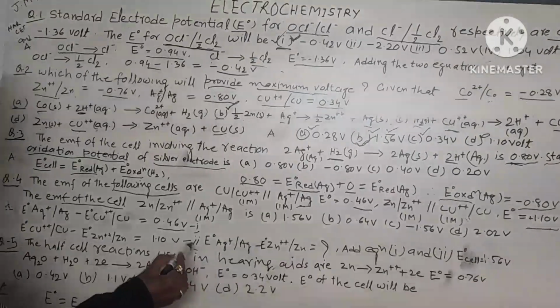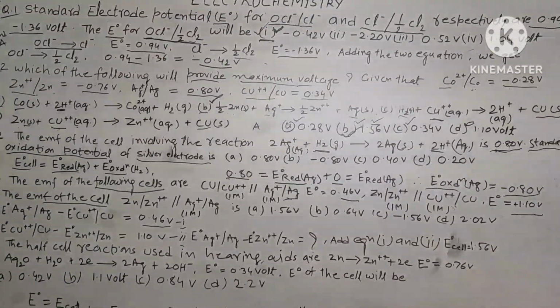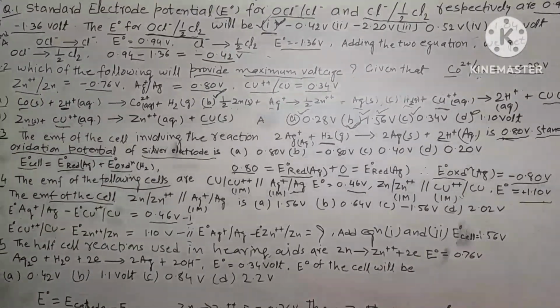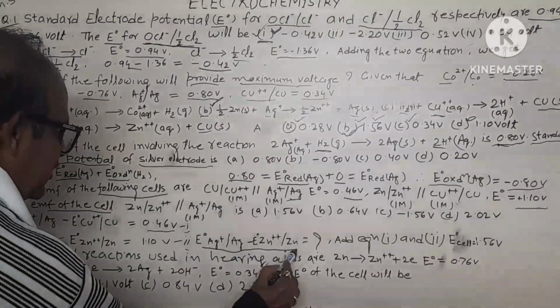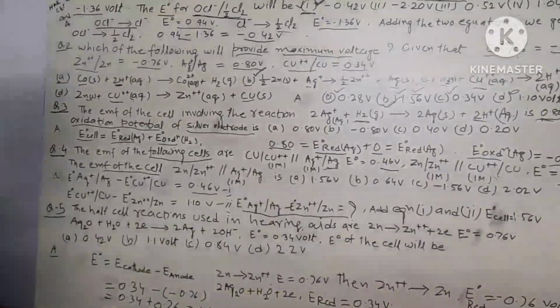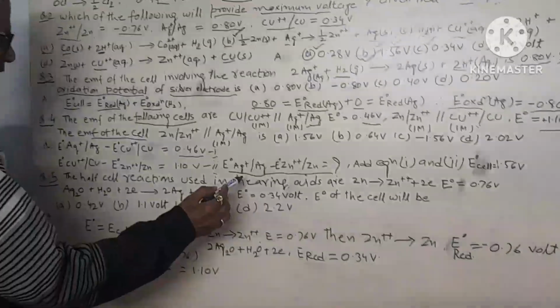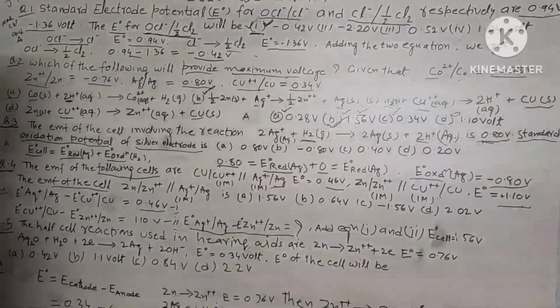First equation, second equation. But now just think, what do you actually want? You want the electrode potential of Ag, the silver electrode, minus the zinc electrode.